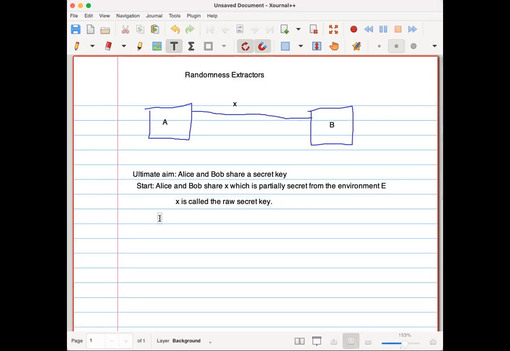This is not going to be the final definition, but it is our first attempt at quantifying what raw secret key means. It says that the entropy of X given E, so there is some secrecy, is greater than, let us say, K, and usually K is much smaller than n.